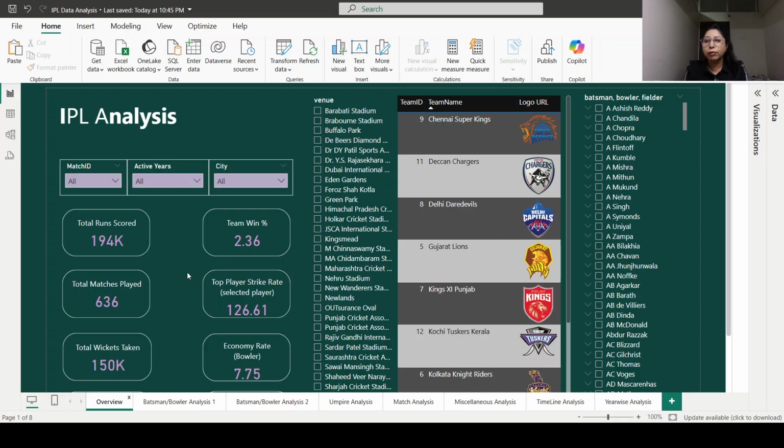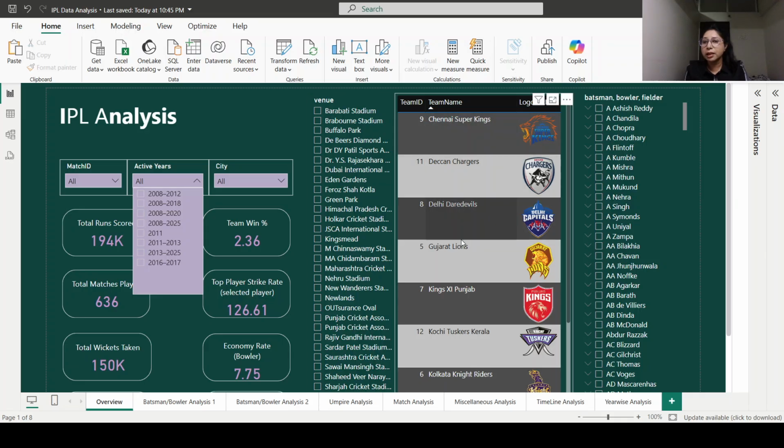The first dashboard I have created is the overview, where you can select, we have slicers for match ID. If you select any of them, you will get the data for all the other parameters. Active years, as I said, was something new that I added for all the teams.